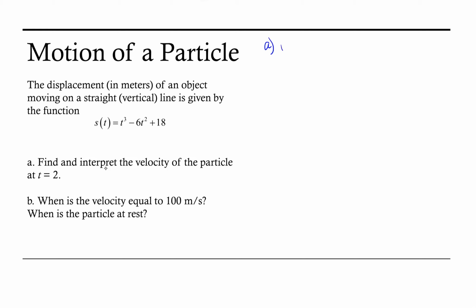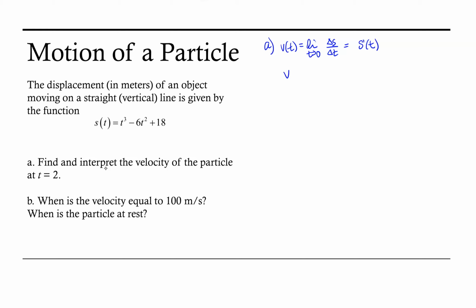So we know that velocity is in essence the limit as t approaches 0 of the change in position over the change in time, which tells us that velocity is simply the derivative of position.